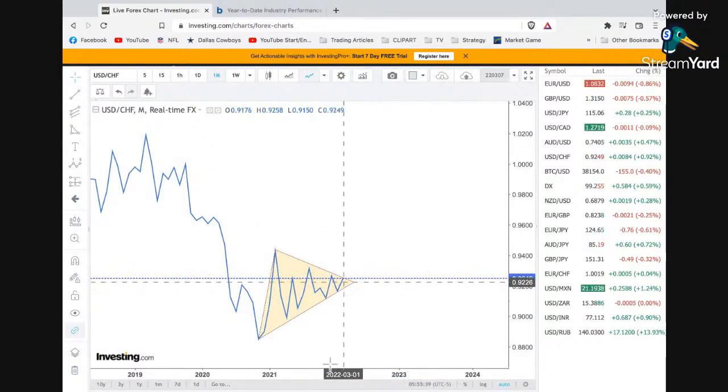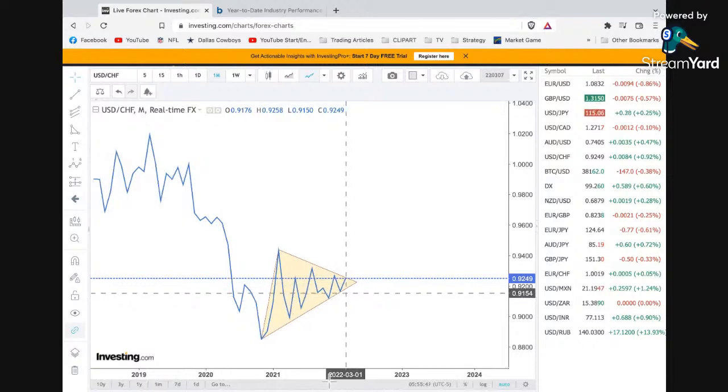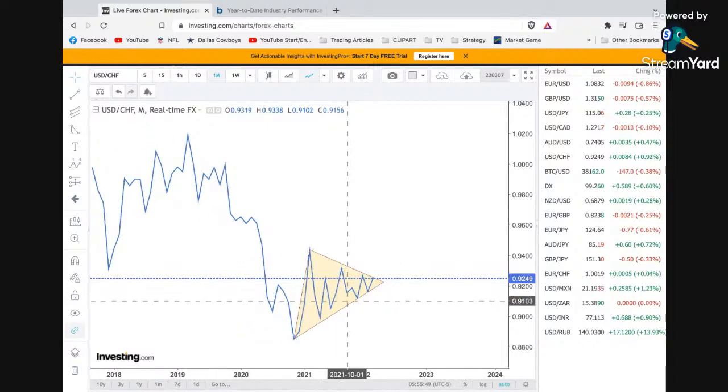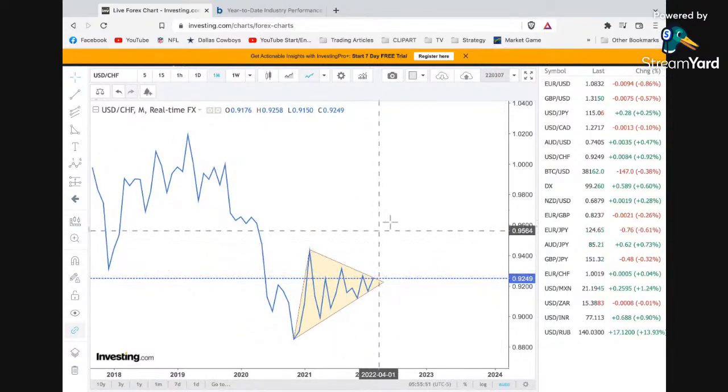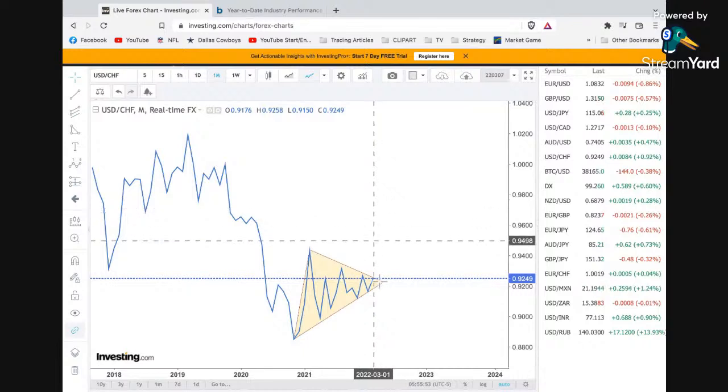But we're coming towards the skinny end of this triangle, so it's going to break one way or the other. In my opinion, I'm biased that it's going to break up. The dollar rising has a devastating effect on material costs; those costs come down. The interest rate tends to rise.